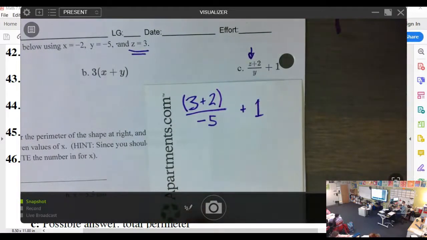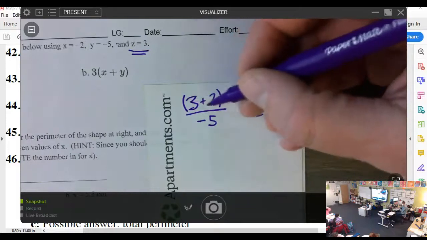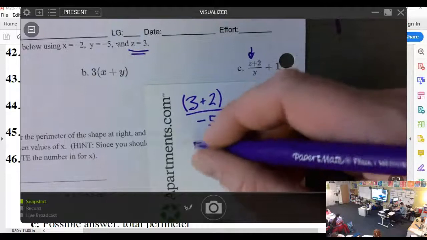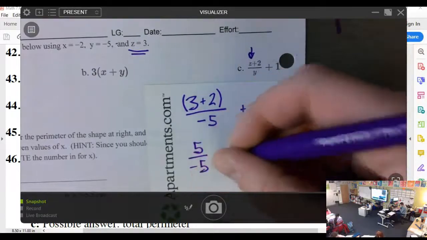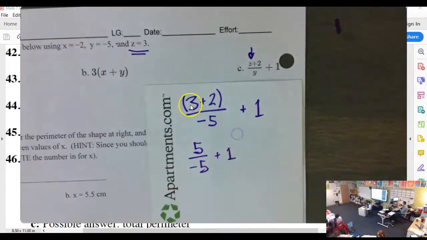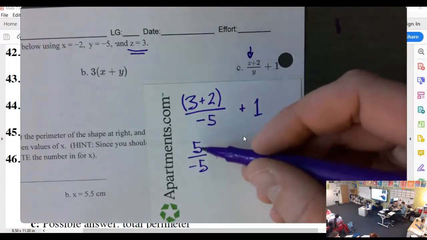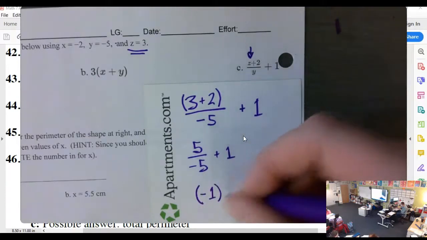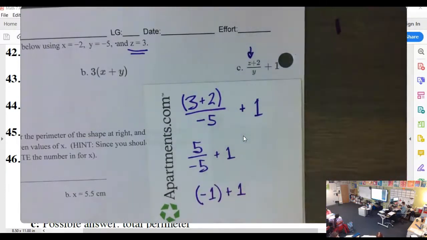In a division problem, we have to solve the numerator if we can, and we have to solve the denominator if we can. So this becomes 5 divided by negative 5, because my numerator became 5. My denominator was negative 5. What is 5 divided by negative 5? Negative 1. And negative 1 plus 1?